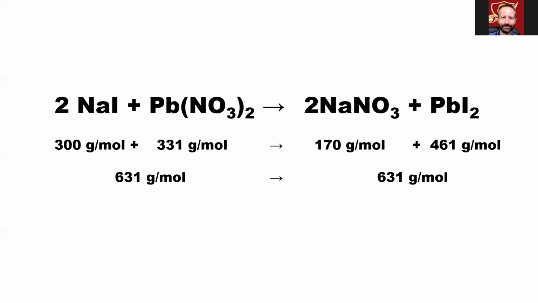Could you fill in that blank? I hope you'd say, yeah, I would total what's on the left in the reactants, and then I would subtract the 170 from it, and what's left over, it's got to go in the blank. It should be that easy to fill in a missing blank, or I could just ask you to add it all up like I just did. We could do that too.